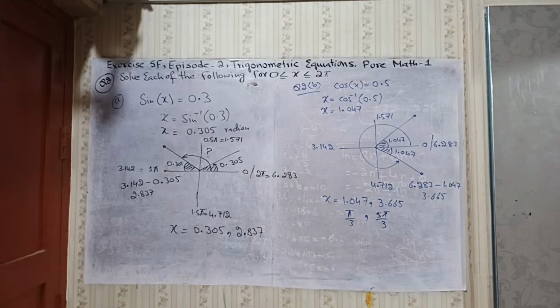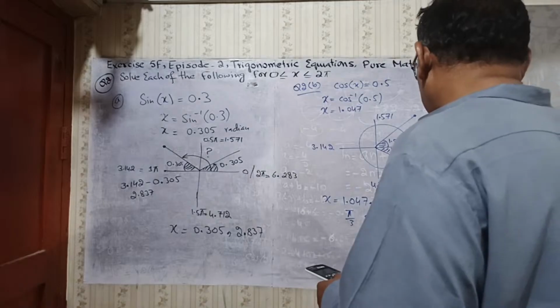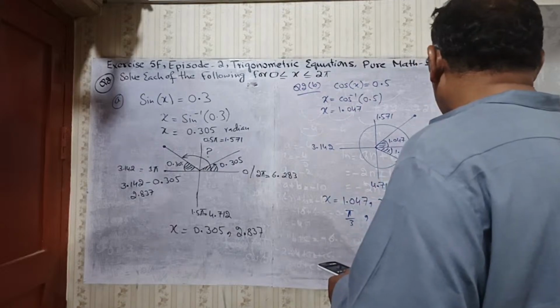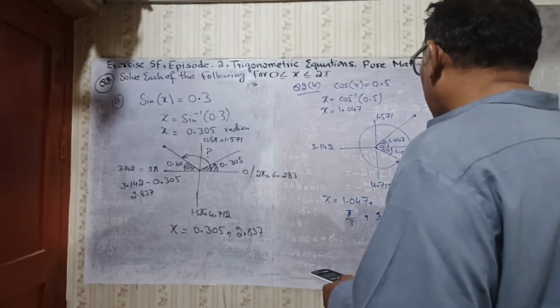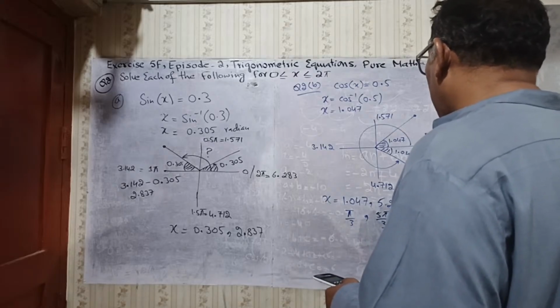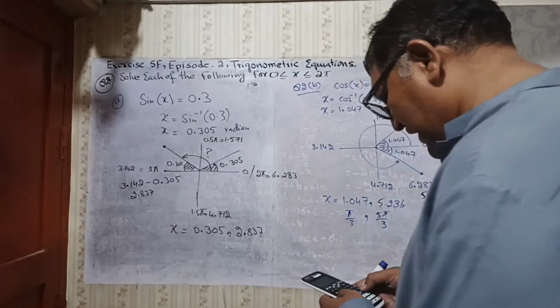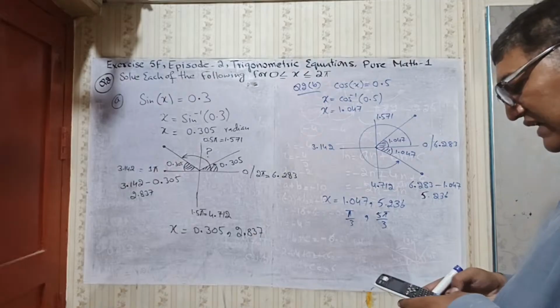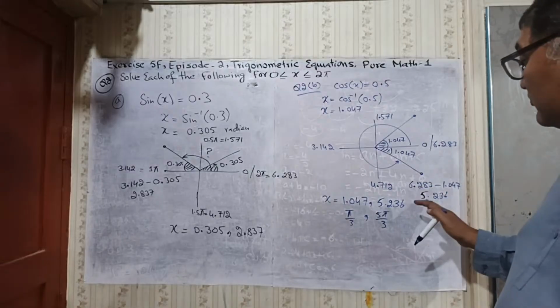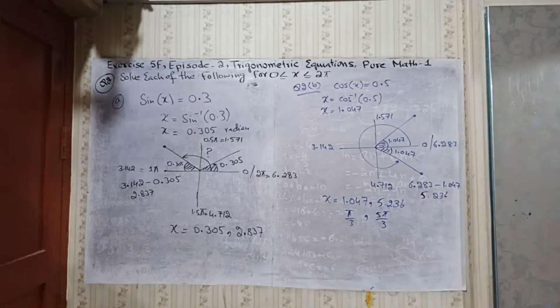I wrote something wrong here earlier. 6.283 minus 1.047 is 5.236. So when you divide 5 pi by 3, you get the same answer, 5.236. So our answers are right. This is how this is done.